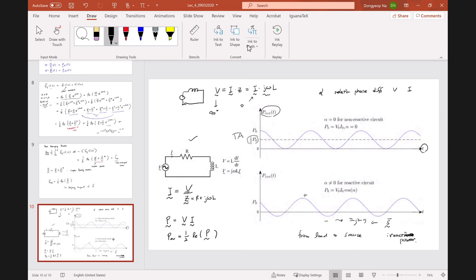So in that case, alpha is just the relative phase difference between voltage and current.